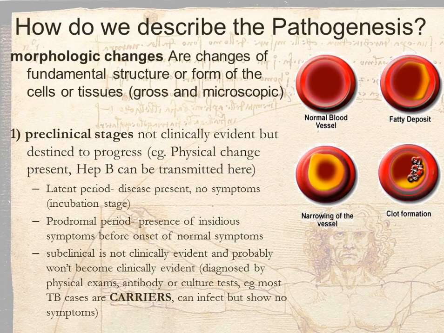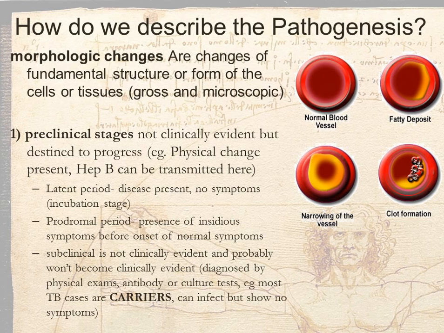Okay, so how do we describe the pathogenesis? Was the pathogenesis what caused it, or the progression? It's the progression. So, as you go through and you look at things, usually you can see morphological changes, which can overlap with pathology. So when you look at structural changes, it can be anatomical, which is pathology, but at the same time, it can cause physiological damage or changes.